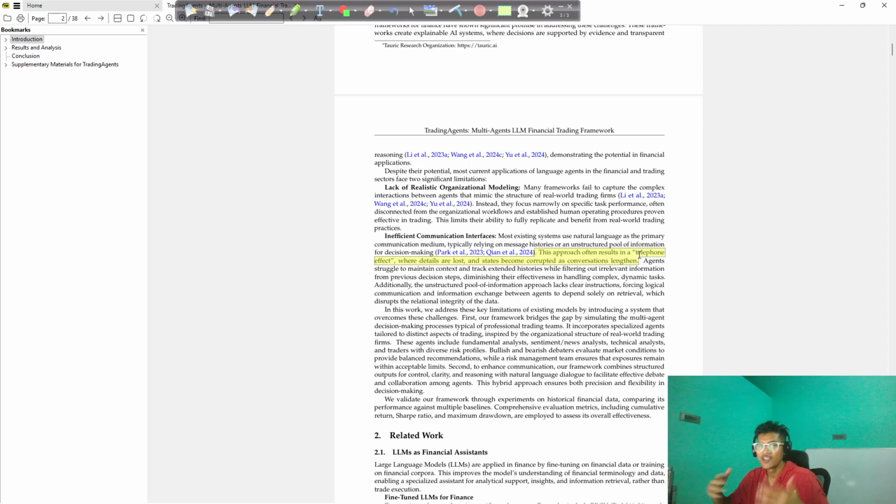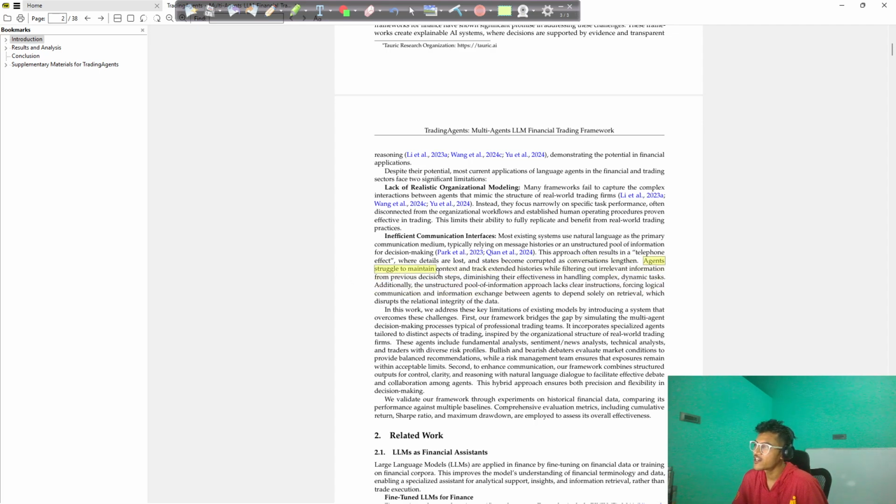You just process the information, and what this telephone effect is, is that the information gets lost at some point, and what the original message was is completely changed in the subsequent receivers, right? So that's what it is, this conversation length.